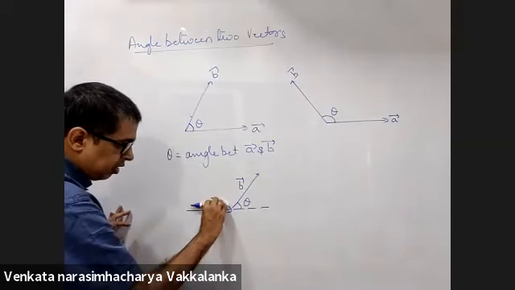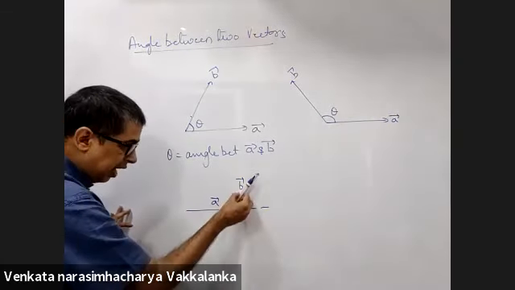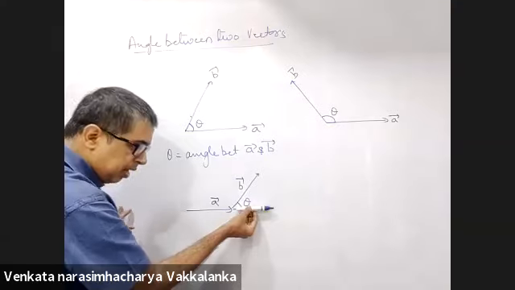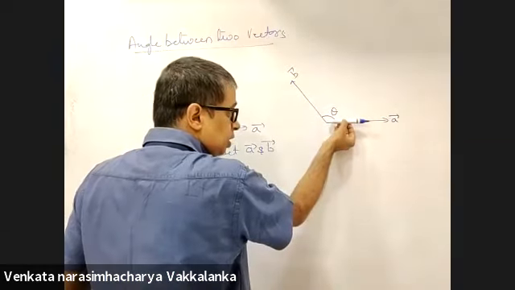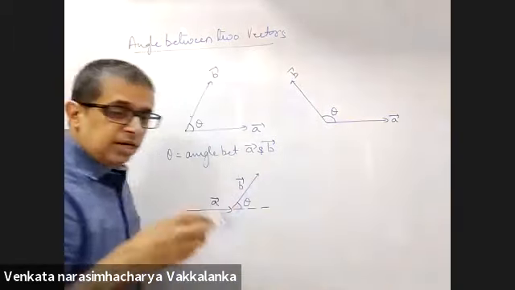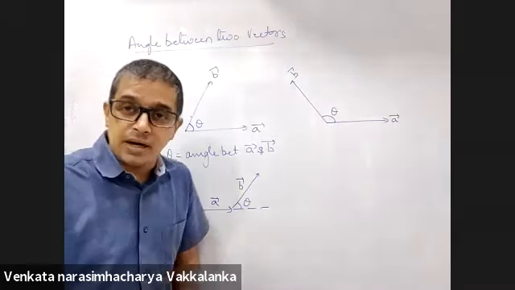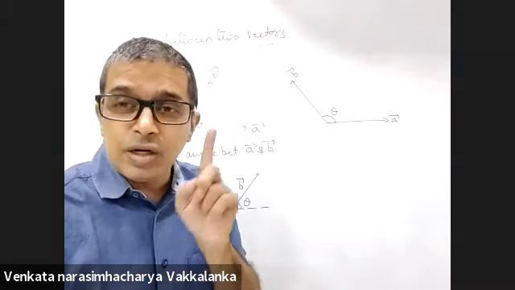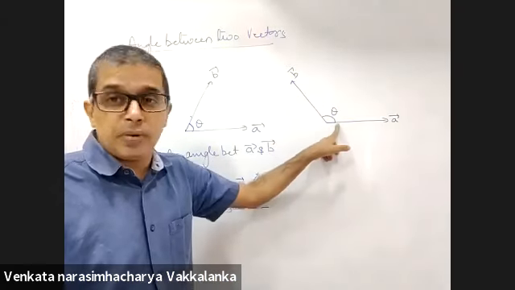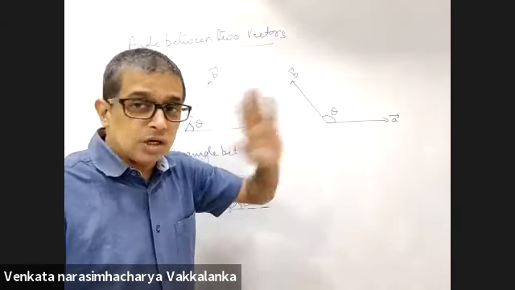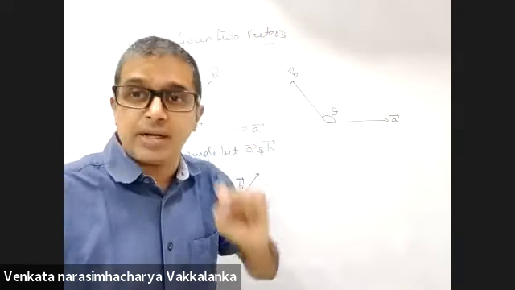I will not rotate it this way because B will become anti-parallel to A. I want B to become parallel to A. Angle between the two lines is different. That can be theta or 2 pi minus theta. I'm not speaking about angle between two lines. I'm speaking about angle between two vectors.